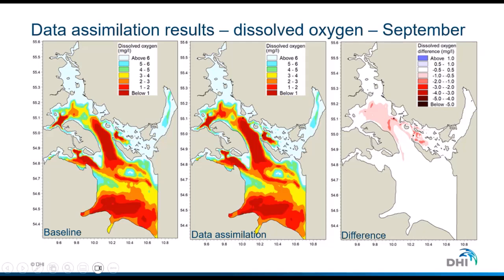And we can see there's quite a large area with an update of the dissolved oxygen depletion from 0.5 to 1 milligram per liter. And then closer to the two data assimilation stations, the two black dots here, we see updates up to 2 milligrams per liter. We also see this area here is not updated at all, and that's simply because oxygen depletion is already there. It cannot get any lower.